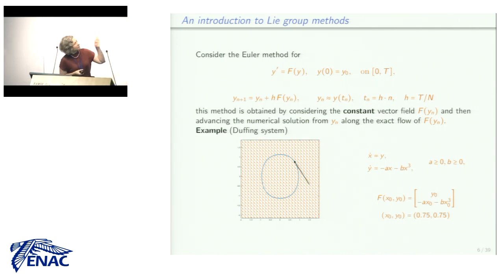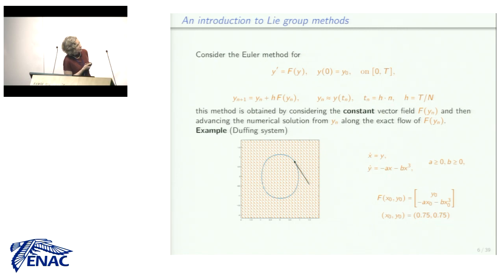We can think that from y_n, we solve exactly a very simple ordinary differential equation with a constant vector field. So here, f of y_n is depicted in this example of the Duffing oscillator.